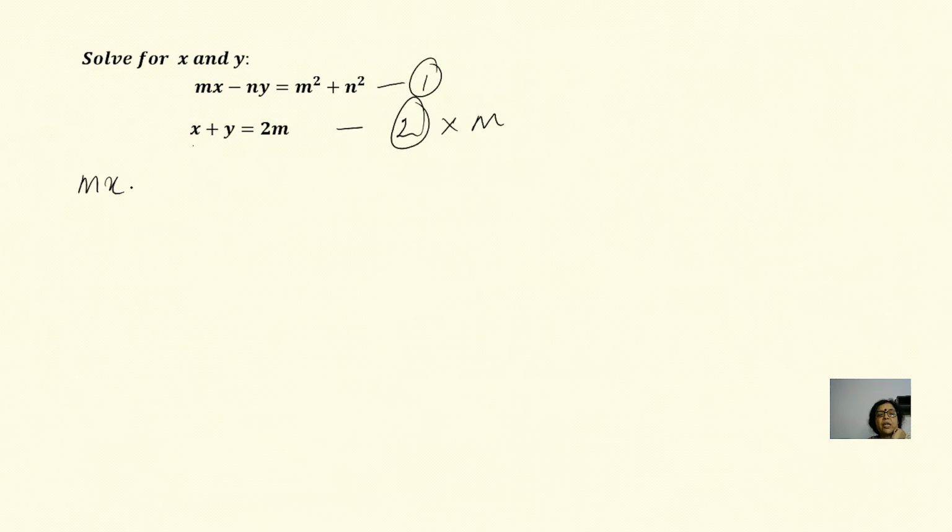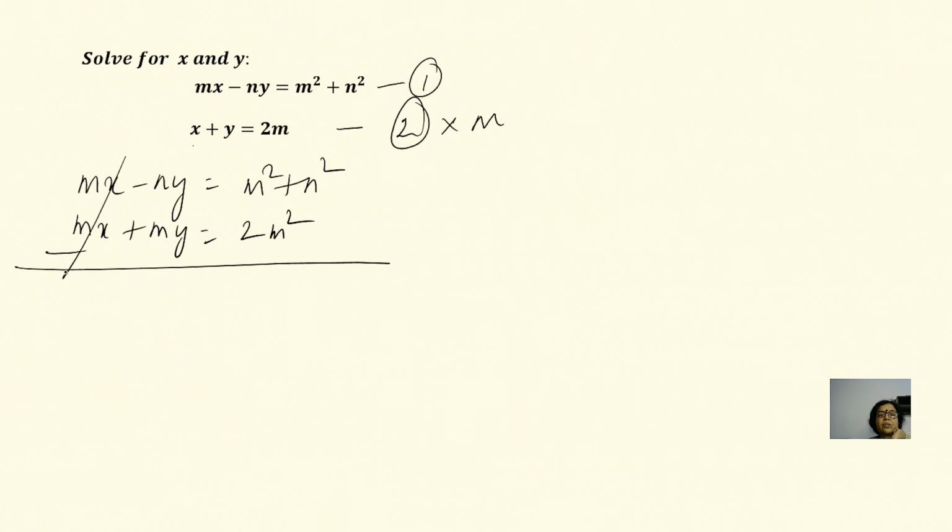The first equation, mx minus ny is equal to m square plus n square. The second one will be mx plus my is equal to 2m square. On subtracting, this gets cancelled. This becomes minus my is equal to minus m square plus n square.